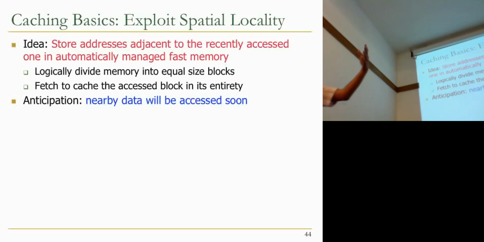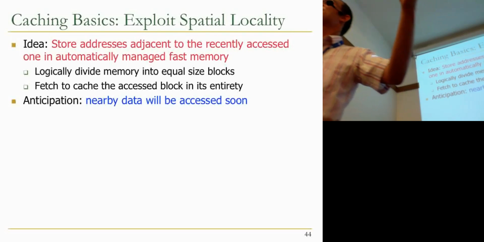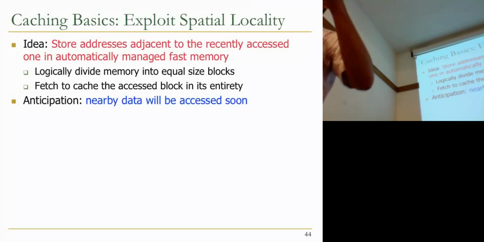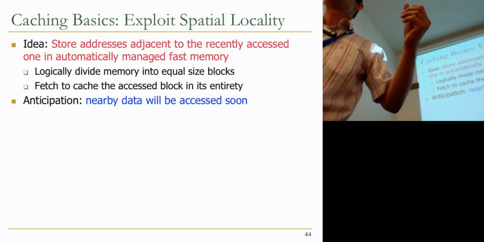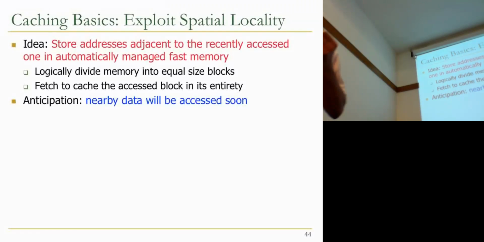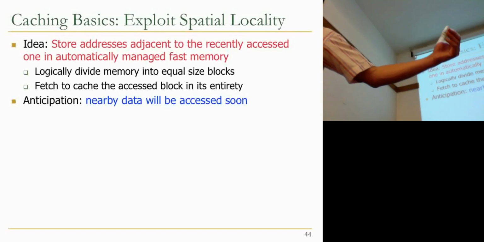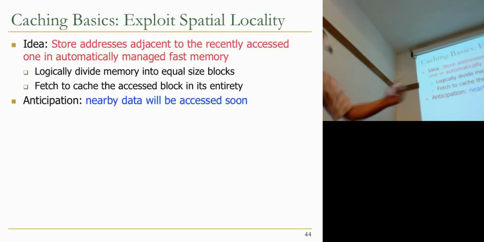The other reason why memory hierarchy works is because we can actually bring larger chunks. When we access a row, for example, that's a large chunk. And why don't we bring a larger chunk than we need, actually? If we're needing 4 bytes, maybe we should bring the 64 bytes that's around it. And this makes sense because of the spatial locality principle. Basically, whenever applications access some data, they also access nearby data.